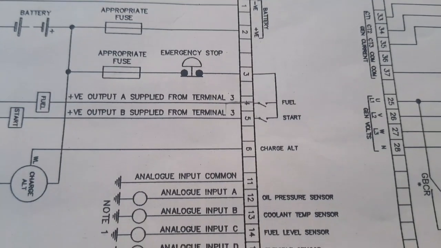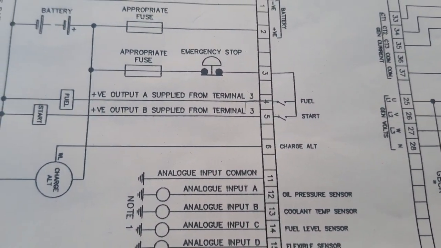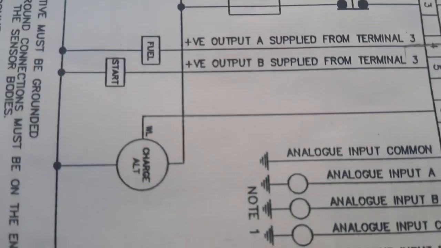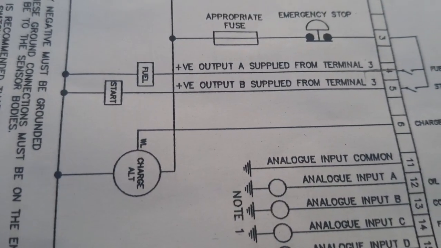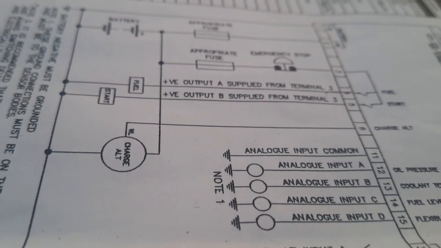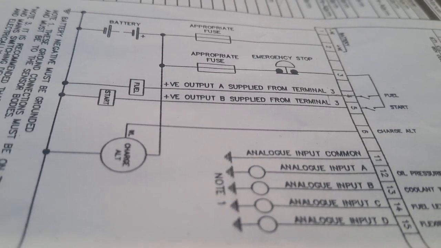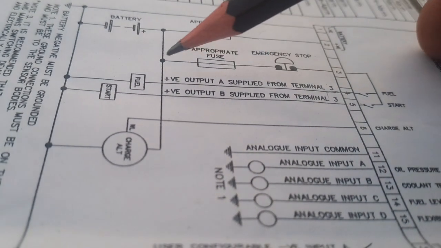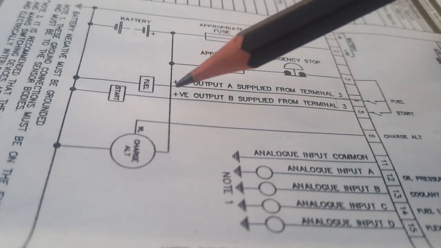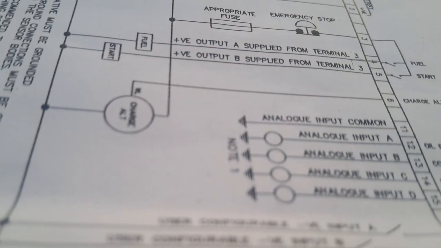And number 5 for starter. See, this number 3 going for the fuel solenoid, and number 5 going to the starter motor.